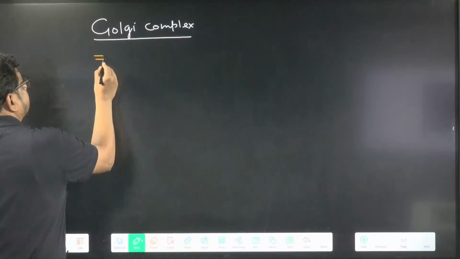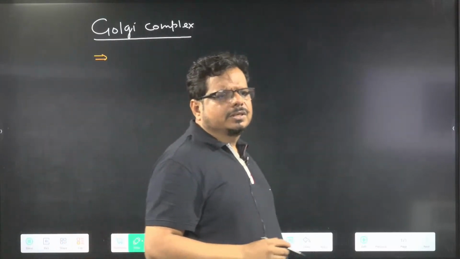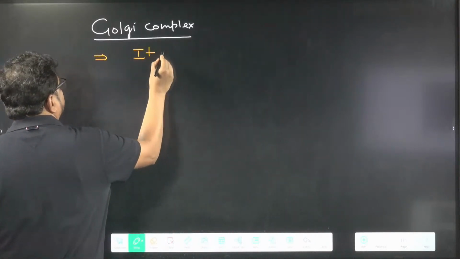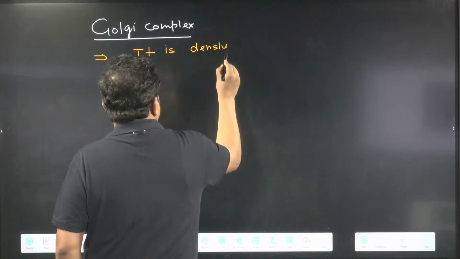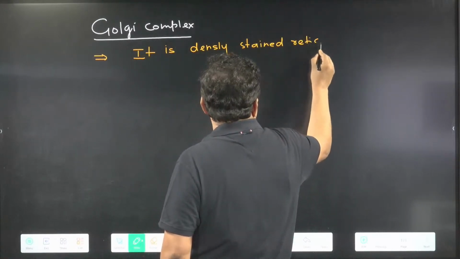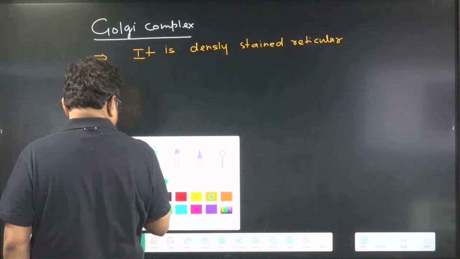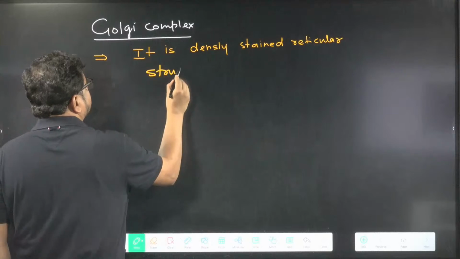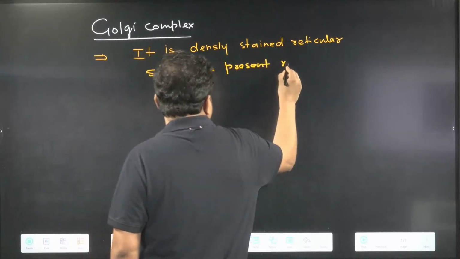So what is Golgi complex or Golgi bodies? It is a densely stained reticular structure present near the nucleus.